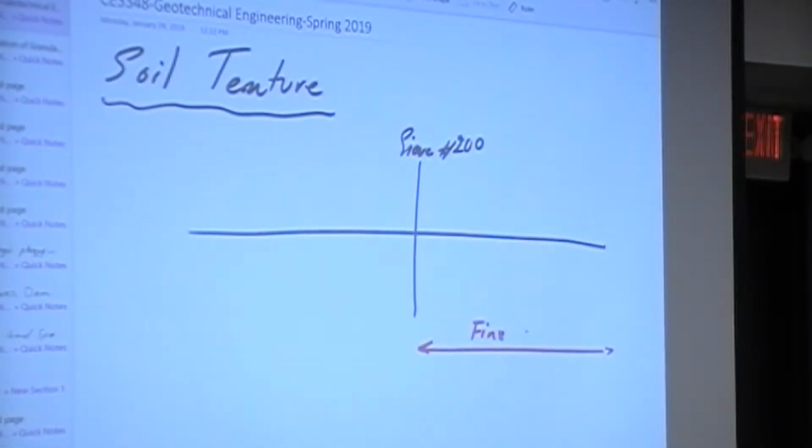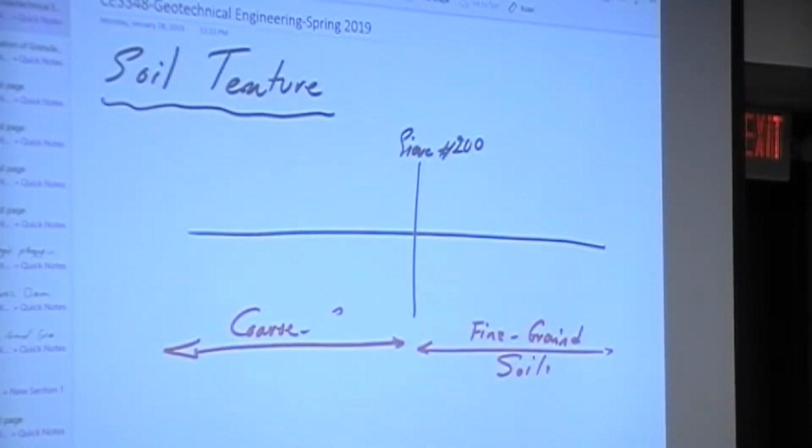So essentially you have fine-grained soils, and you have coarse-grained soils. Under the fine-grained soils, you have silt and clay.